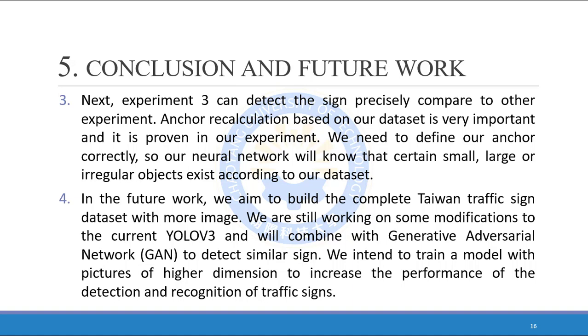Experiment 3 can detect the sign precisely compared to the other experiments. Anchor recalculation based on our dataset is very important, and it is proven in our experiment. We need to define our anchors correctly so our neural network will know that certain small, large, or irregular objects exist according to our dataset.